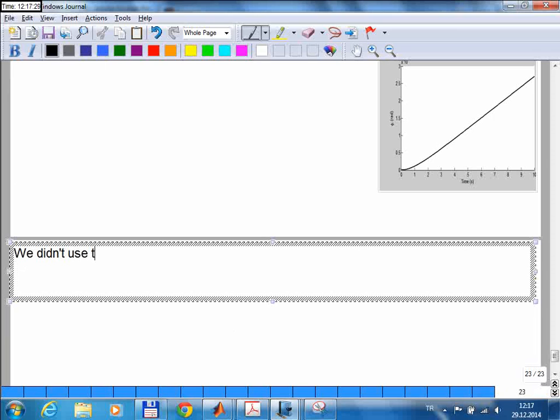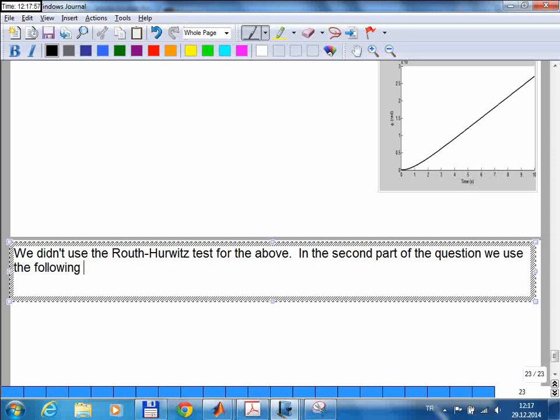So we didn't use the Routh test for the above. In the second part of the question, we use the following feedback controller.